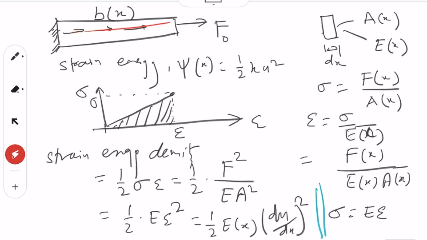So the force becomes B times U, and remember that this B is the force per unit length. So the total force will be Bx times dx, multiplied by U.